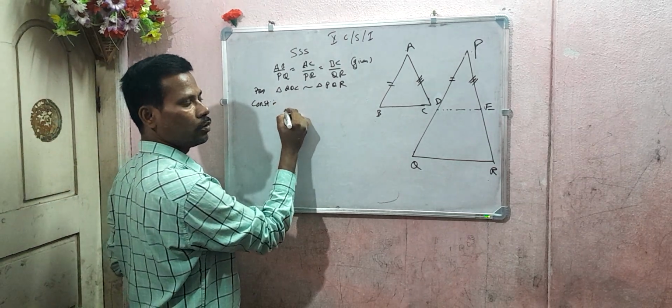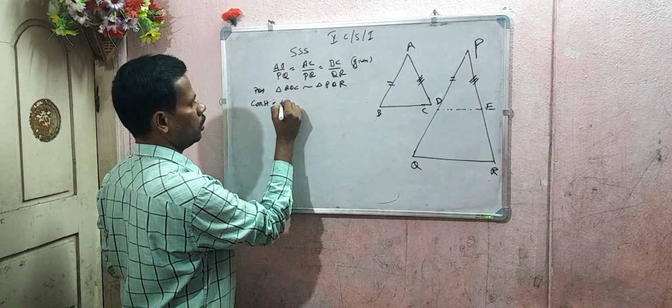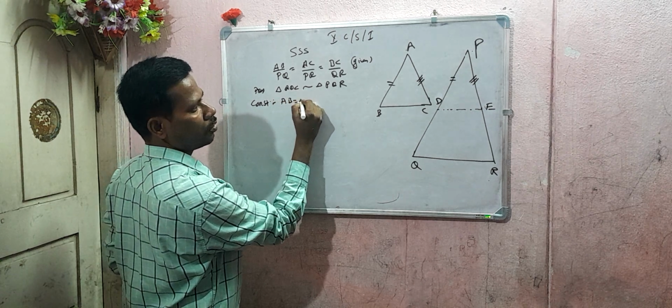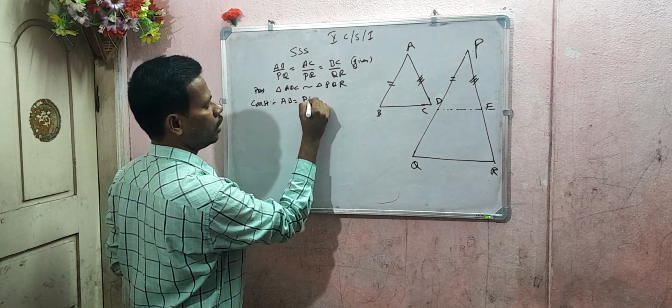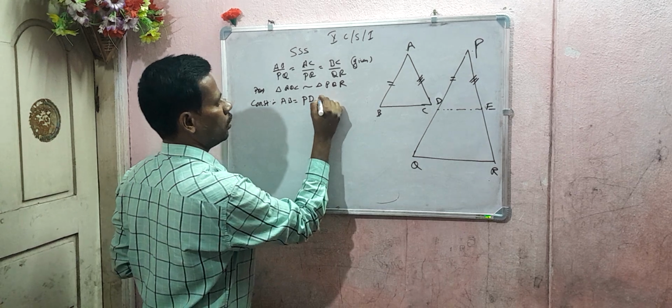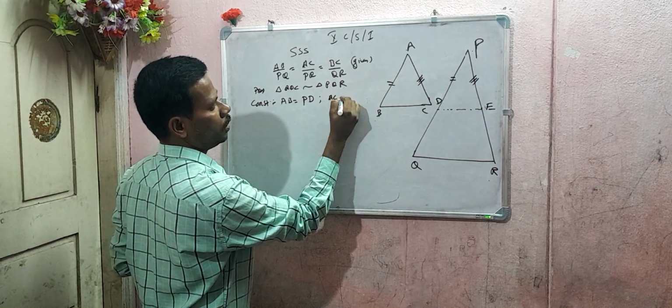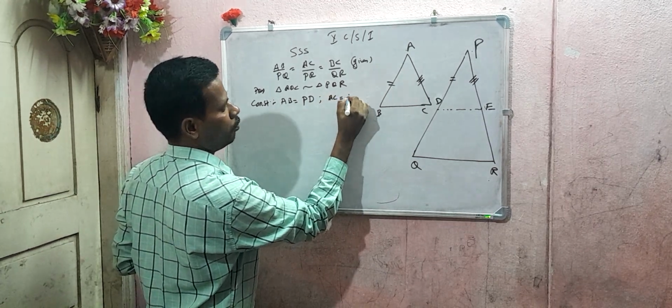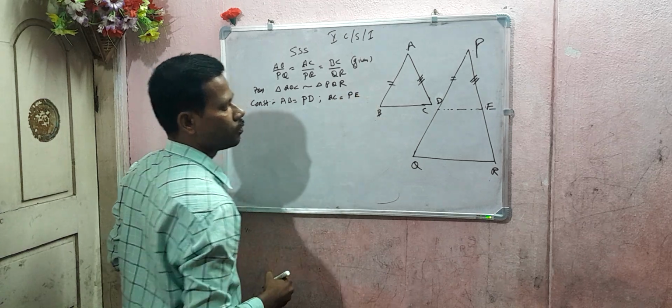So you write down all the steps. AB is equal to PD. Next, AC is equal to PE.